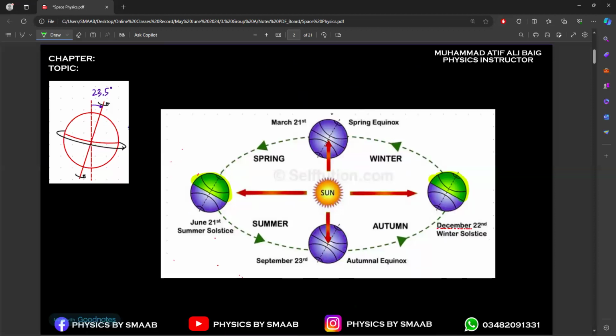There is one more important thing about the Earth. Basically, these are very to-the-point things. They will not ask you to explain for 3 marks or 4 marks in the exam.